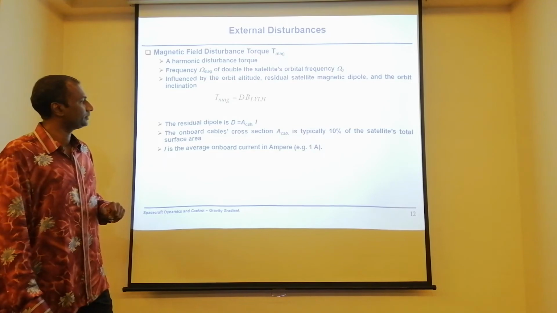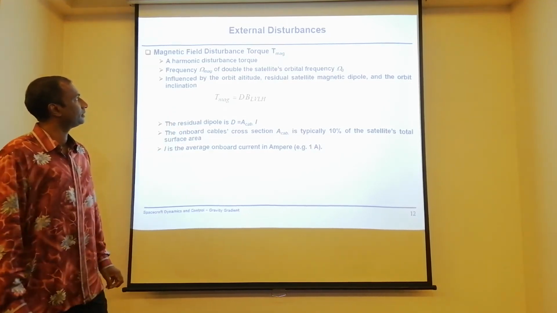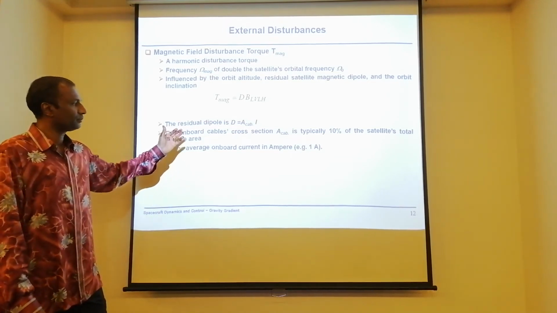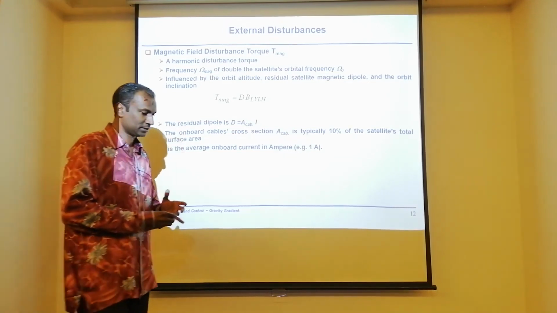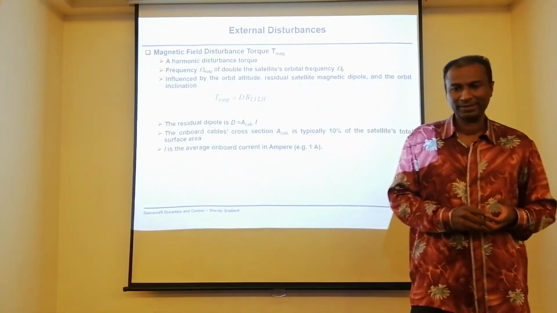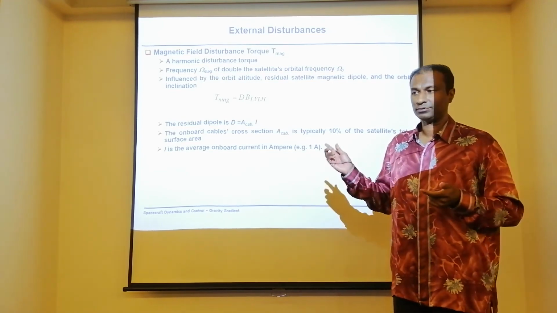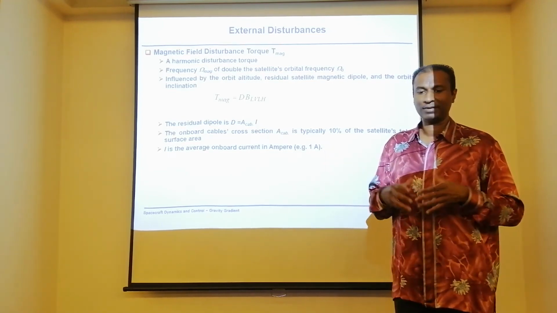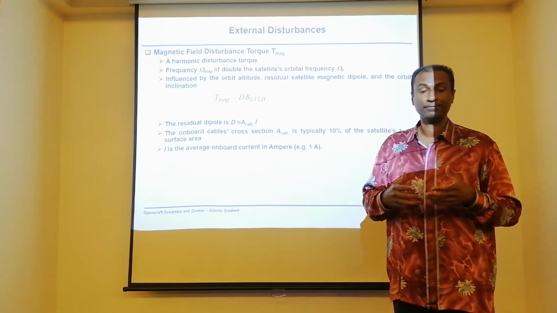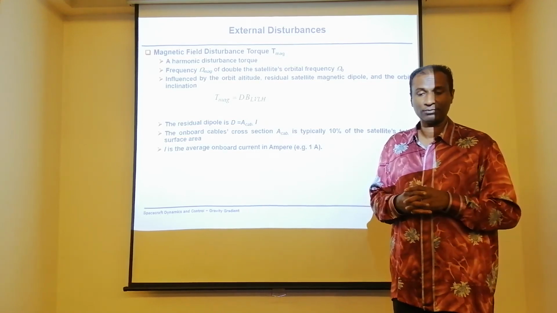Okay, let's see. Now you have a magnetic field disturbance torque. Now, as we know, planet Earth has a magnetic field. This magnetic field is going to also disturb us. I also remember that we have also discussed that magnetic torques or the magnetic field can help us to control a particular satellite. How?